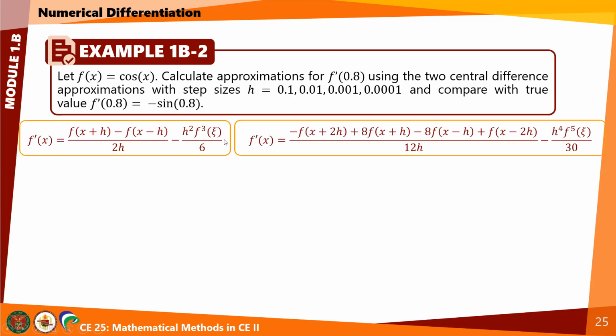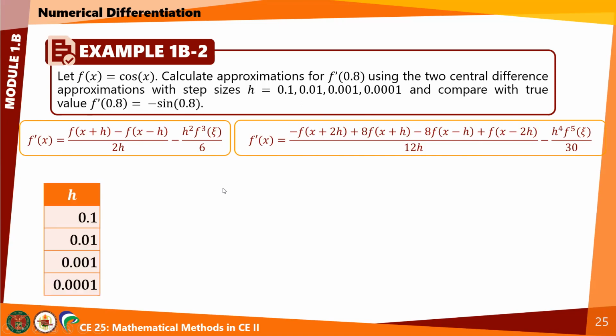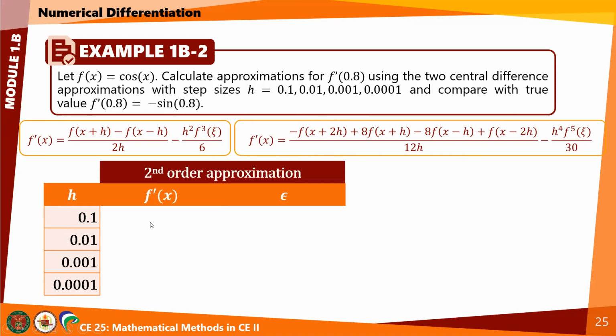So these are the formulas, no? Formulas for central difference. So this is the second order and this is the fourth order. Now, this one is the h. Okay? So second order approximation.